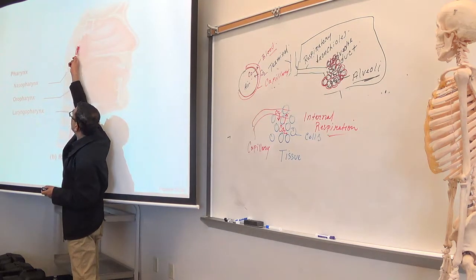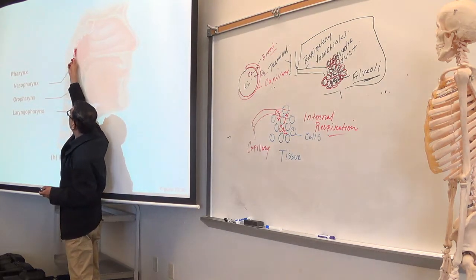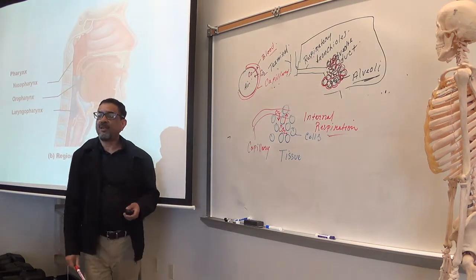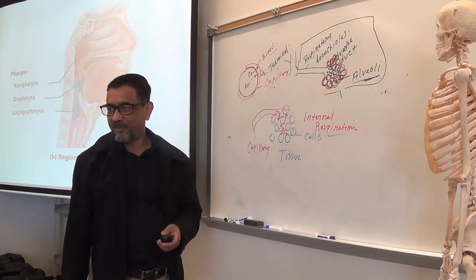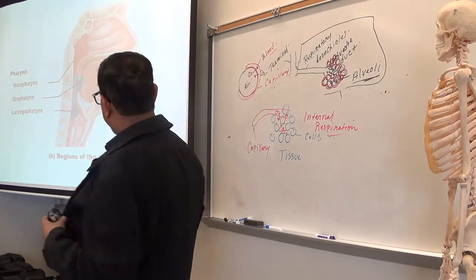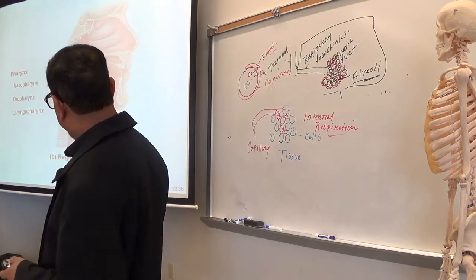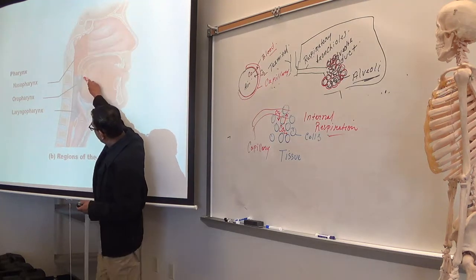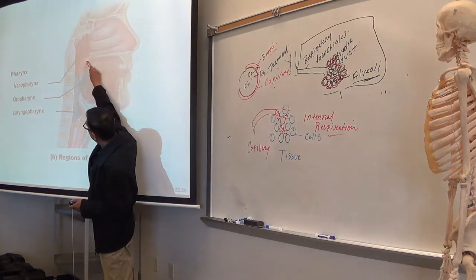In the back of the nasopharynx, this is the pharyngeal tonsil, attached to the posterior wall of the nasopharynx. This is another tonsil close to the palate. You see the soft palate?